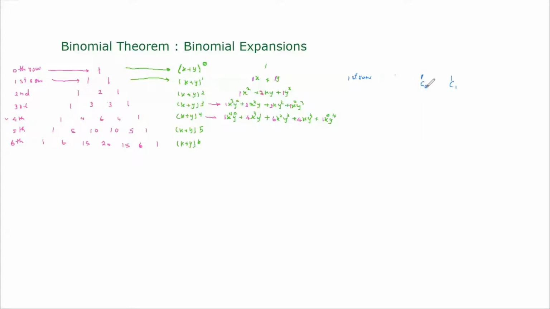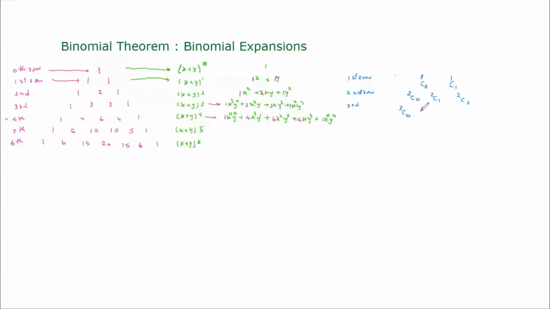This is like nCr, nCr. So the second row is going to be what? Start from 2, C, 0, and then 2, C, 1, and then 2, C, 2. Third row, you start from 3, C, 0 again, right?